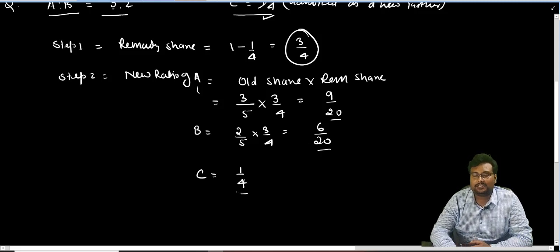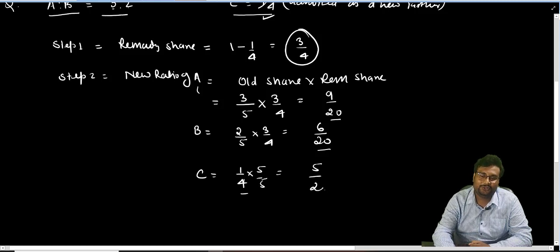So we will multiply by the same number up and down by which we can make the base equal. So 20 and 4: 20 divided by 4, the answer will be 5. The 1/4 into 5/5 will become 5/20. So it is very simple.